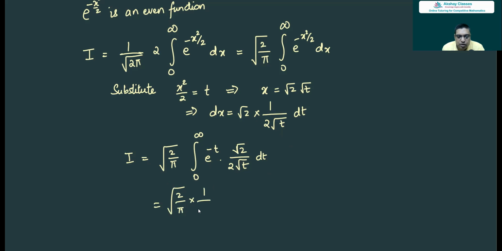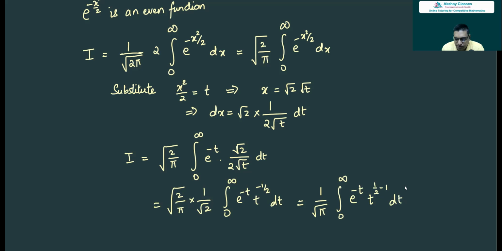You take this out, 1 by under root 2 integral 0 to infinity e power minus t, t to the power minus half dt. So under root 2 cancels. You are left with 1 upon under root pi integral 0 to infinity e power minus t into t to the power half minus 1 dt.